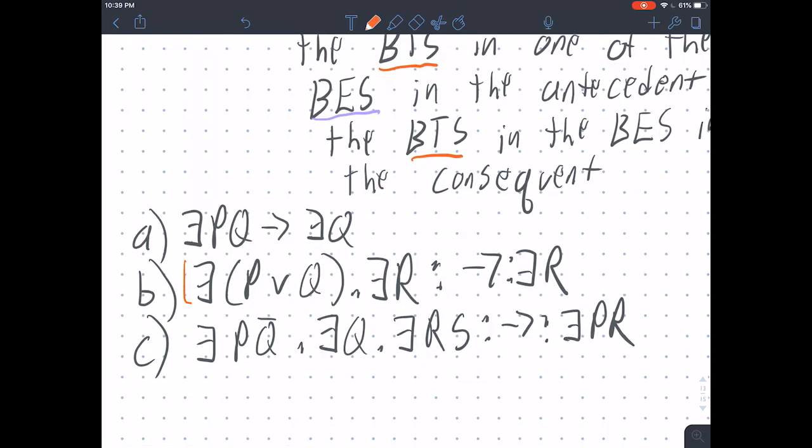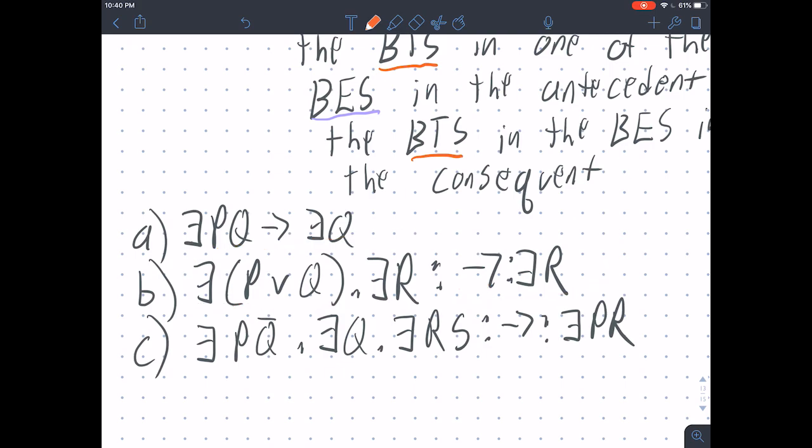For B, right, the whole thing's a conditional. That arrow shows us that. The antecedent is a conjunction of Boolean existence schemata. It's a conjunction of two things, and each of the two things is a backwards E followed by a Boolean term schema, right? And the consequent is a single Boolean existence schema.